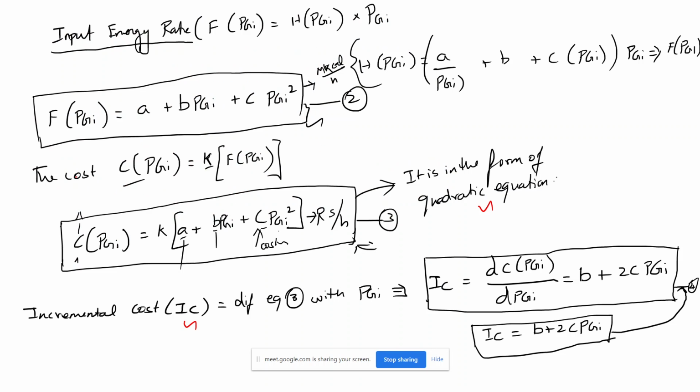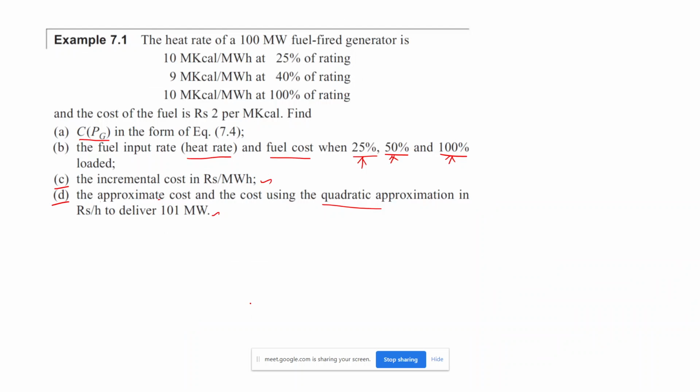Where is the incremental cost? Again, the incremental cost is given for the total maximum. So the maximum rate is 100%. For this maximum we need to find, and here C is not the maximum because the rated value is 100 only, but we are operating this at 101.